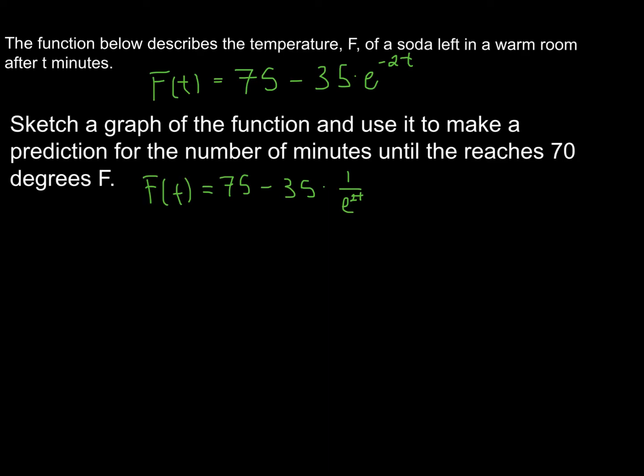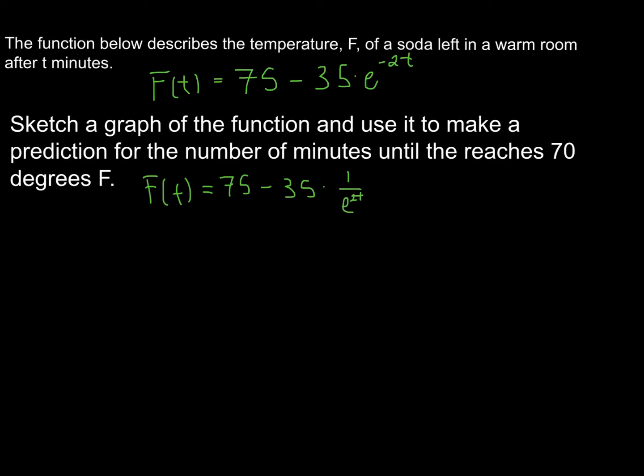Hopefully what you said to yourself is, okay, the soda's cold, it's in a warm room, I expect it to get warmer and warmer and warmer until it finally reaches the room temperature. Okay, that seems to make sense, right? If you were to leave a soda in a warm room for a long time, that's probably what would happen.